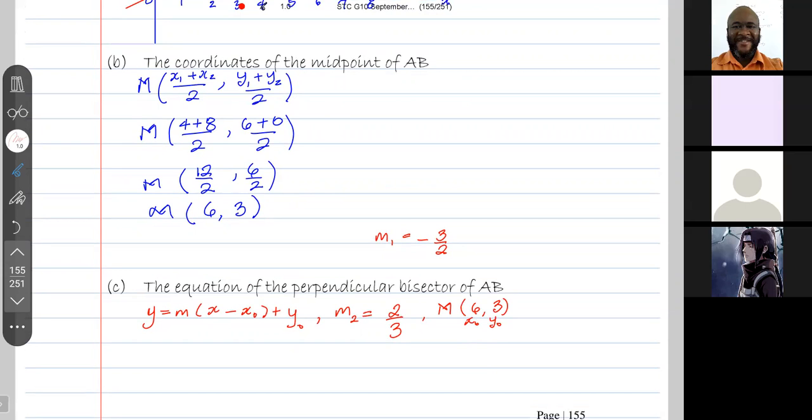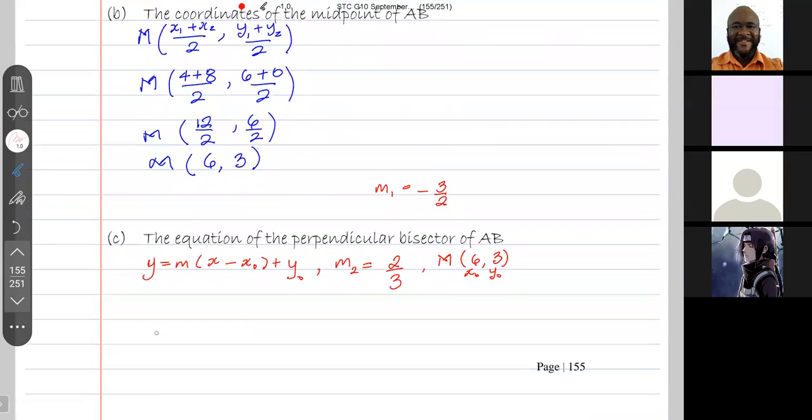So let's put the information in the formula. Y is equal to the gradient, which is 2/3, multiplied by X minus X0, which is 6, plus Y0, which is 3. Now, I'm going to remove the bracket by applying the distributive law.